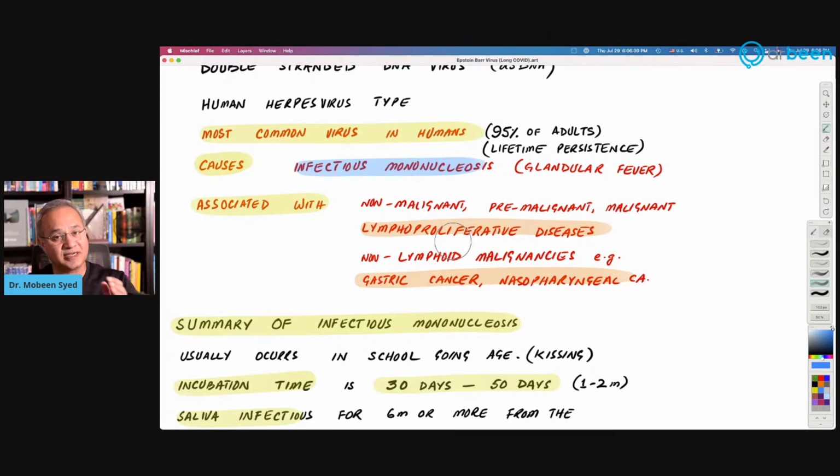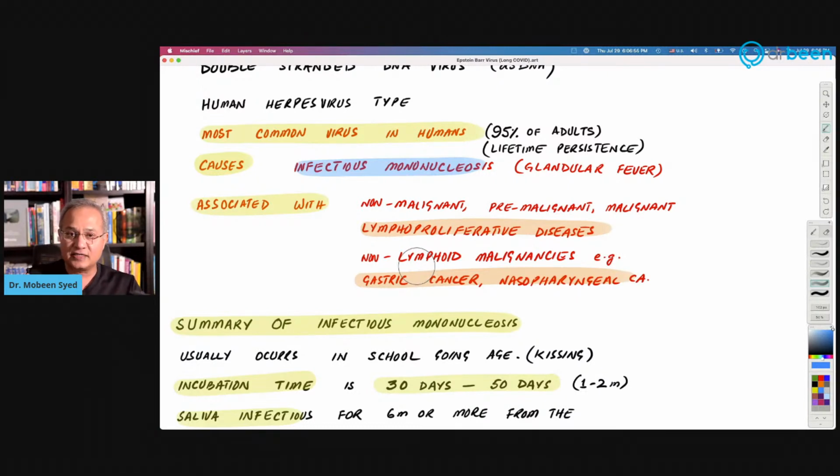In Southeast Asian people, it can cause other lymphoproliferative disorders or cancers as well, Hodgkin, non-Hodgkin. In addition to that, this virus has been associated with gastric cancers and with nasopharyngeal carcinomas. So quite a lot of carcinomas as well. And we will see the reason why.